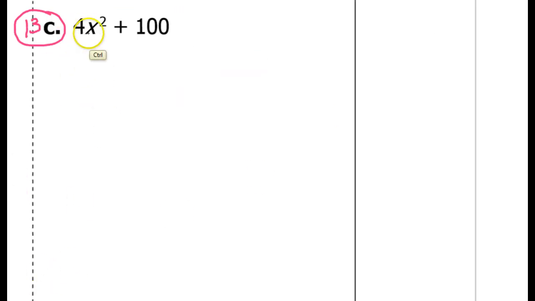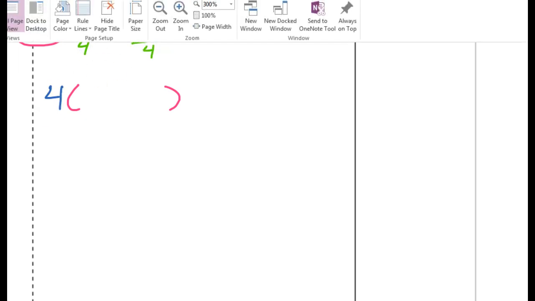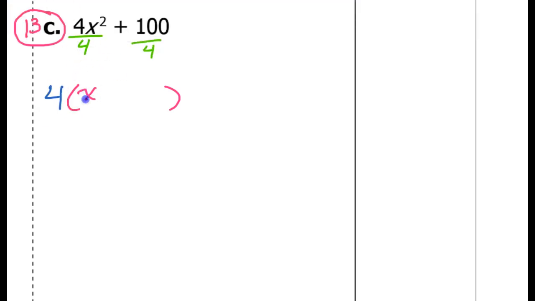As I mentioned, this has a common factor of 4. So we will definitely pull that out. That's going to leave some leftovers inside parentheses. And the way I know what goes inside is I will divide by my GCF of 4. So that's going to leave me with x squared plus 25. So the question is, is this the final answer, or can I factor this further?